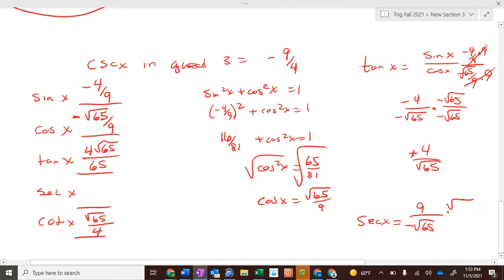So if you multiply top and bottom by square root of 65, the square root of 65, not 6 square root of 5. Then you get negative 9 square root of 65 over 65.